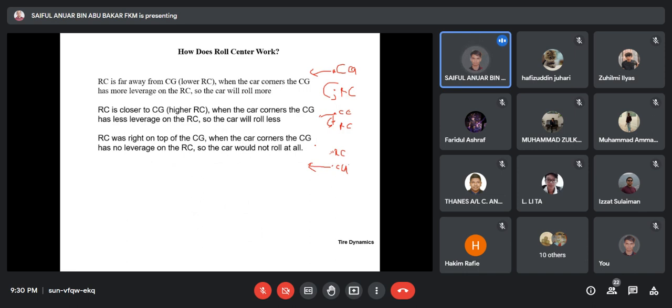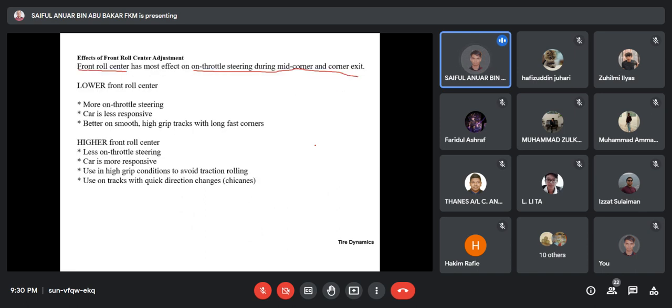They will try to create less roll during cornering by making the distance between the roll center and the CG as small as possible, because they want this kind of characteristic.